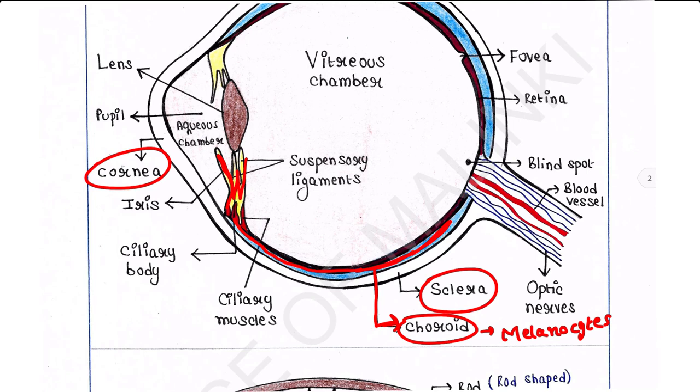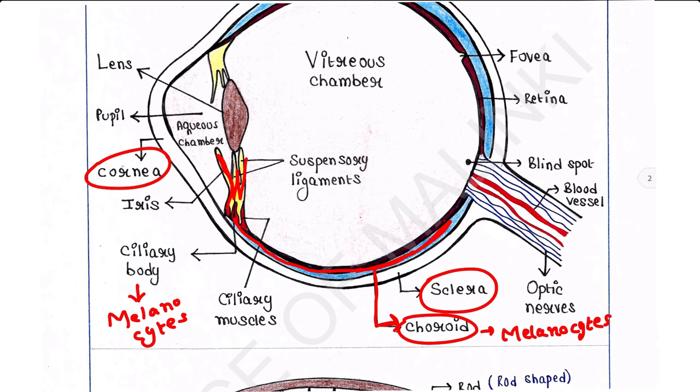Like the choroid, the ciliary body also contains melanin-producing melanocytes.